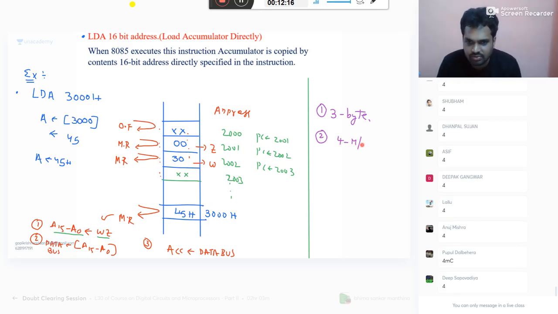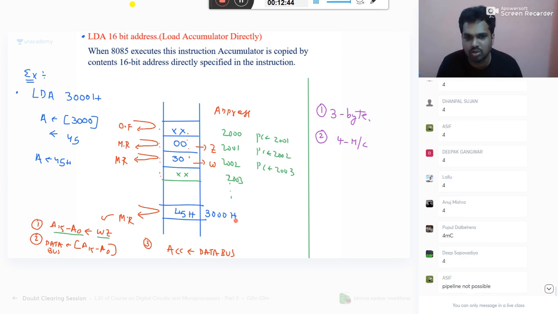You may have the doubt, sir, why can't we take this fourth machine cycle as the first machine cycle of the next instruction? Because it is a memory operation. Your bus is required here. It is not an internal operation. You cannot overlap this. If it is an internal operation like addition or register to register transfer, there you can do the overlap of fetch and execution.